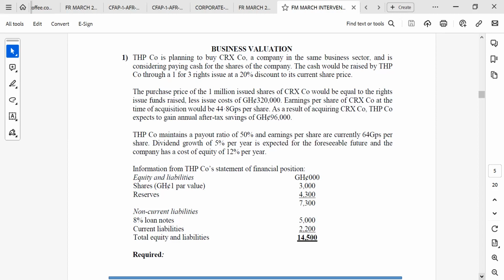Information from THP company's statement of financial position: equity and liabilities. Shares, 1 Ghana cedi par value. Reserves. Non-current liabilities, 8% loan notes. Current liabilities. Total equity and liabilities. Required. Can you please scroll for me?